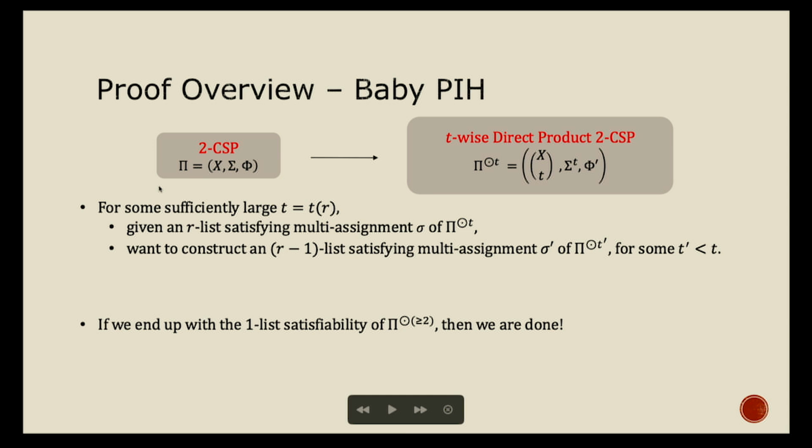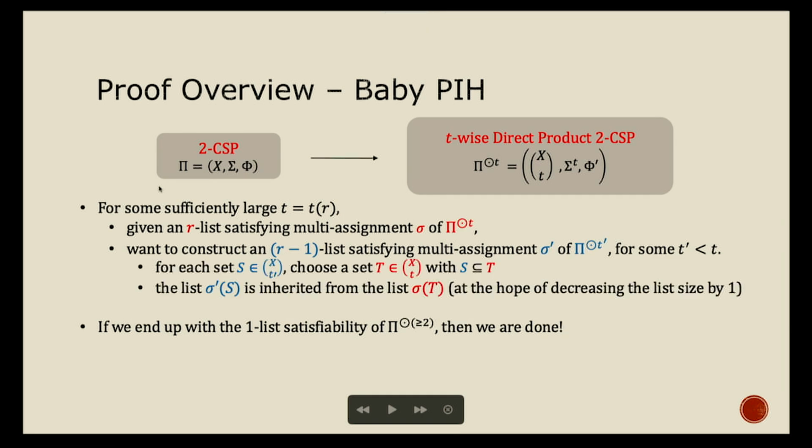So our hope is to decrease r by 1 at the cost of decreasing the exponent t. For each smaller set S of size t prime, we pick its superset T from the original size-t sets, and we inherit the whole list sigma T to be the new list of assignments to S. If we just do this, then the list size is unchanged since we inherited everything.